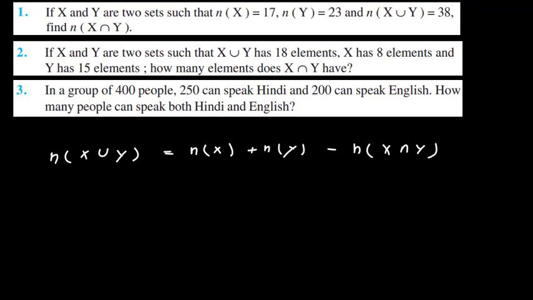This equals 38, where n(X) is 17, n(Y) is 23, and n(X intersection Y) we don't know.